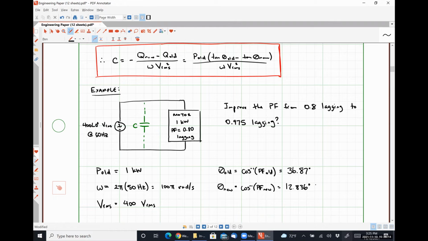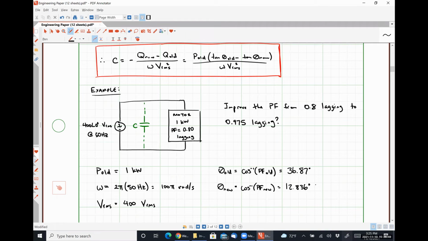So this isn't addressed in this particular problem, but what if I wanted to determine the capacitor that would take me to 0.975 leading? We are going to wind up overshooting it, which means we're going to need a larger capacitive value.